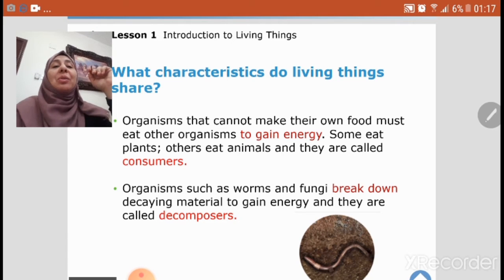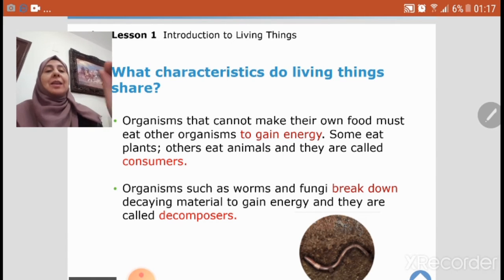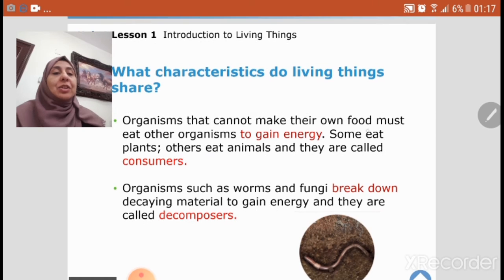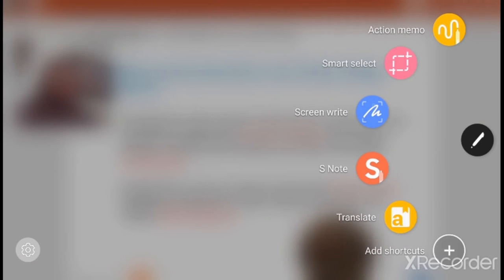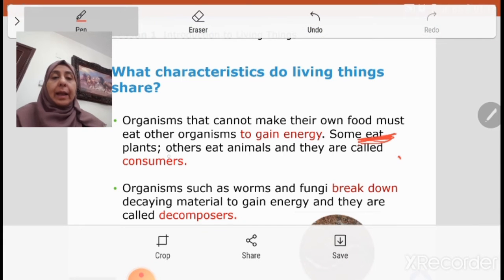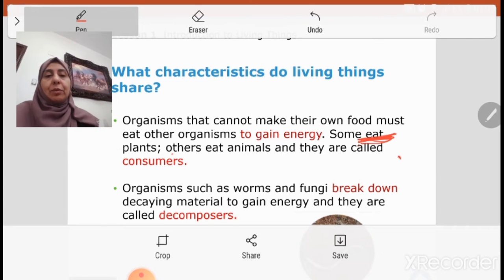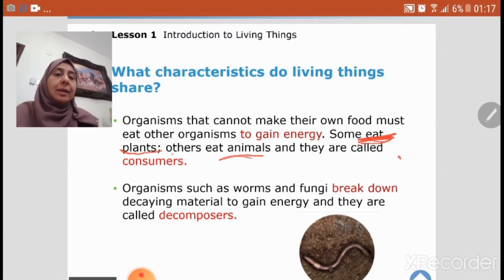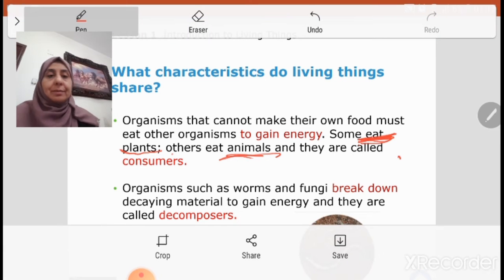Okay, so how do we get the energy? We gain the energy by eating. We are eaters. We can move to eat plants and some others. Some animals eat only plants. If you remember, we call them herbivores. I will show you. Some other animals eat only animals. They are carnivores.